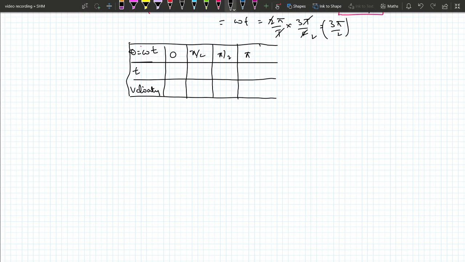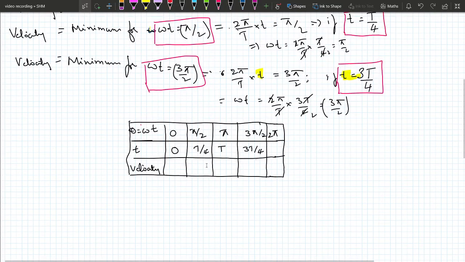Sorry, it should be pi by 2, then pi, then 3 pi by 2, and finally 2 pi. You have the 2 pi here. And the corresponding t: this is 0, T by 4, T by 2, 3T by 4, and T. And the velocity.